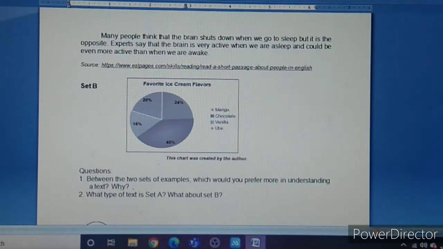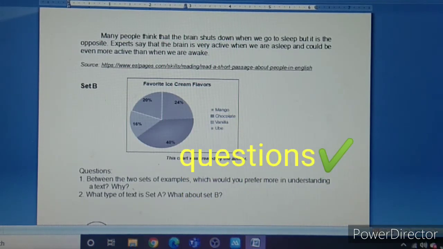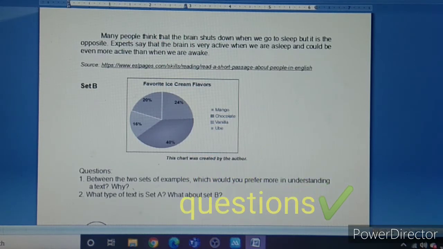So that's the first text. Now let's move on to the second one, set B. This is an example of a pie graph which is about favorite ice cream flavors. This chart was created by the author. Here are two questions, but you need not answer them.